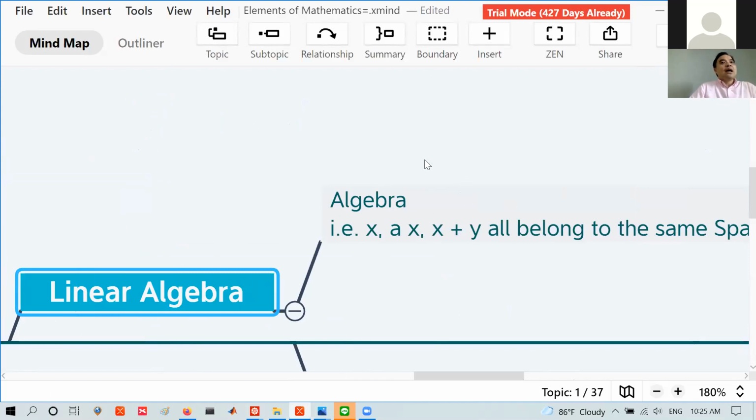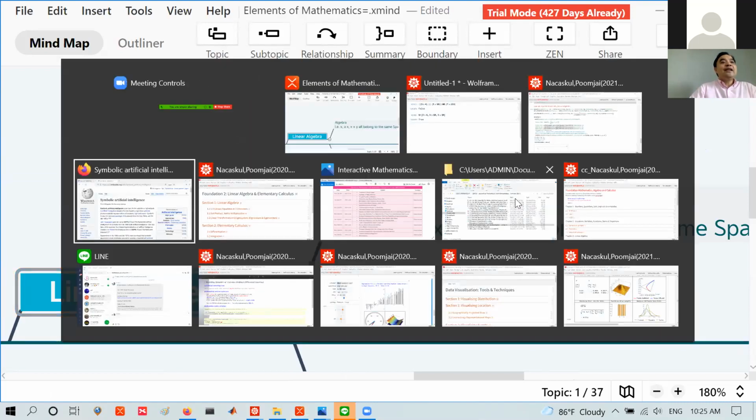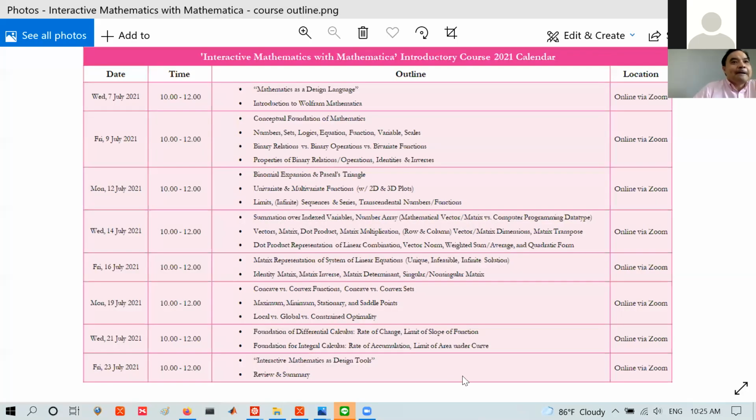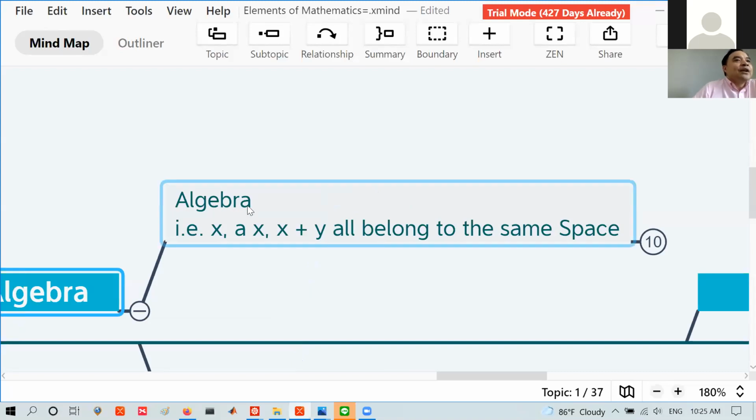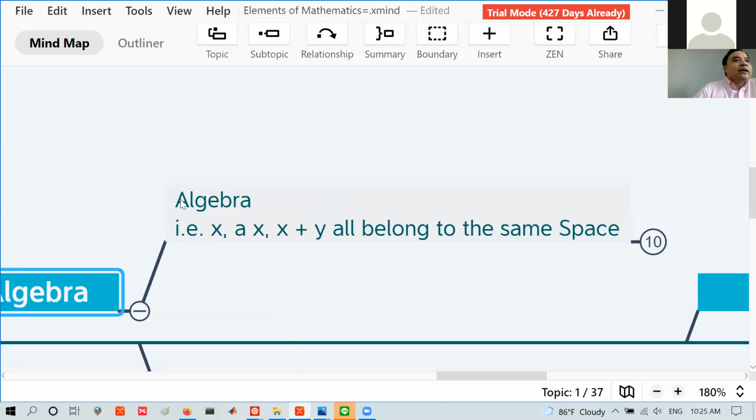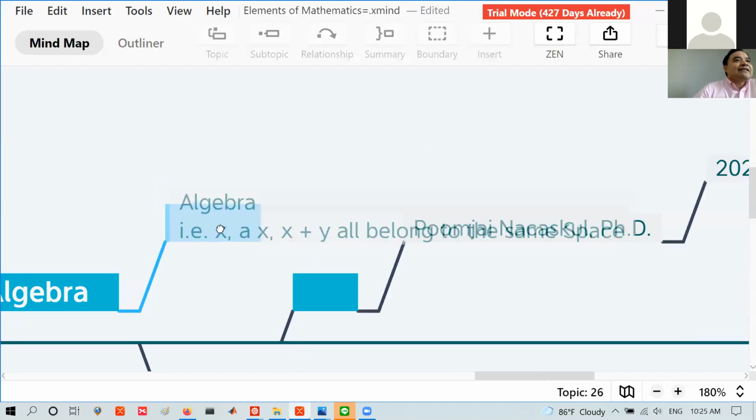And then again, we move to the middle portion of the class, where I started to go into linear algebra, but very simple, no theory about how to do advanced calculation. But first of all, the notion of algebra, again, this word is related to the word algorithm, which again is named after the Arabic mathematician way back over 1,000 years ago. Okay, the idea here is that we have something that's x.